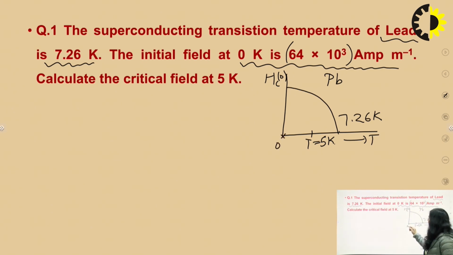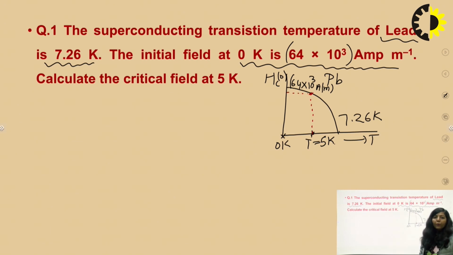At 0 Kelvin, the critical field, which is the minimum amount of magnetic field required to destroy the superconducting state, is 64 into 10 raised to power 3 ampere per meter. So now we have to find the critical field at 5 Kelvin.